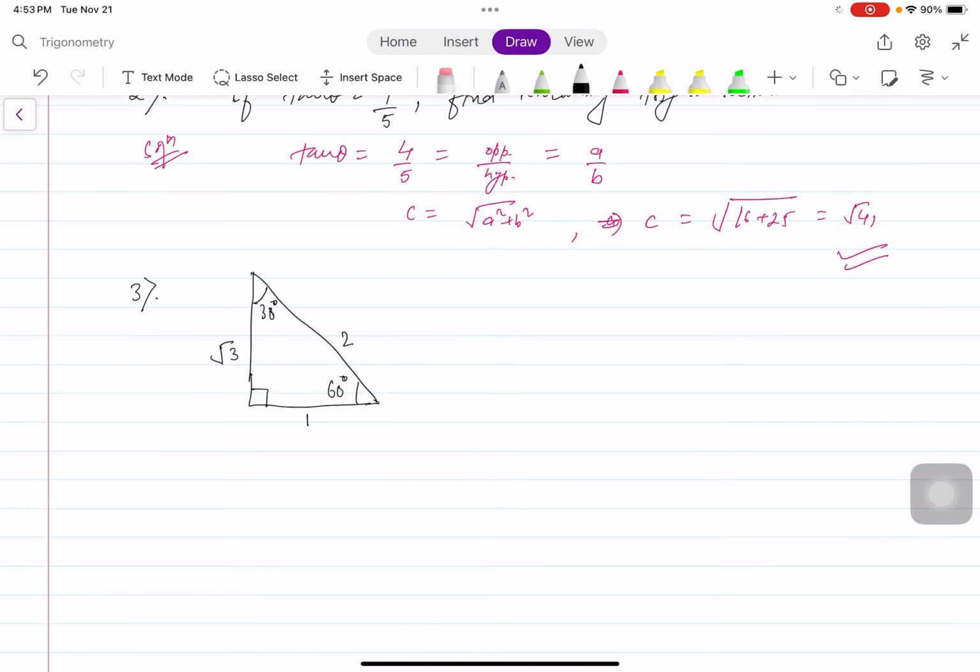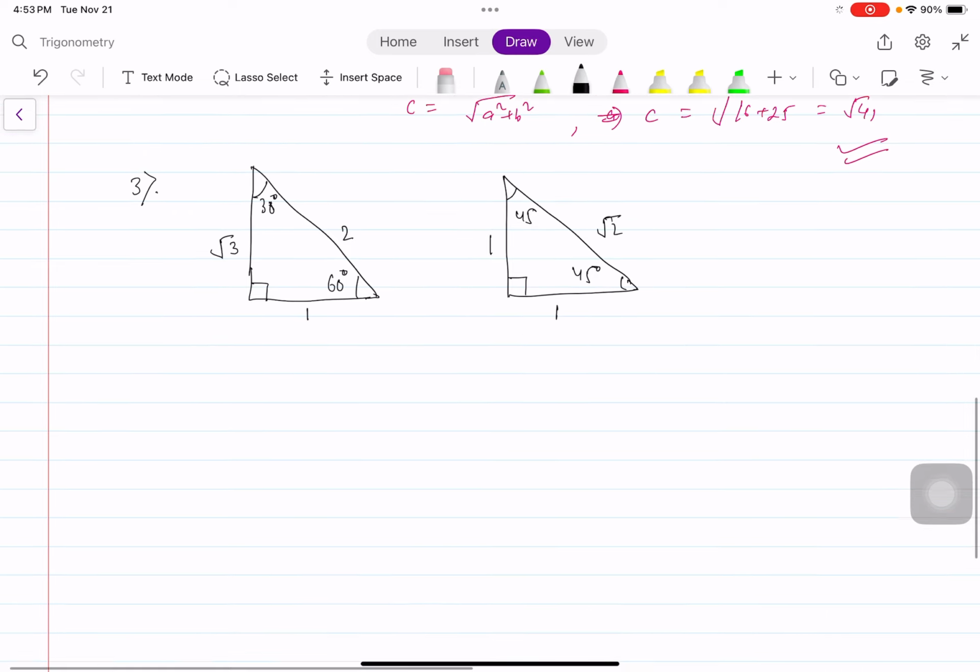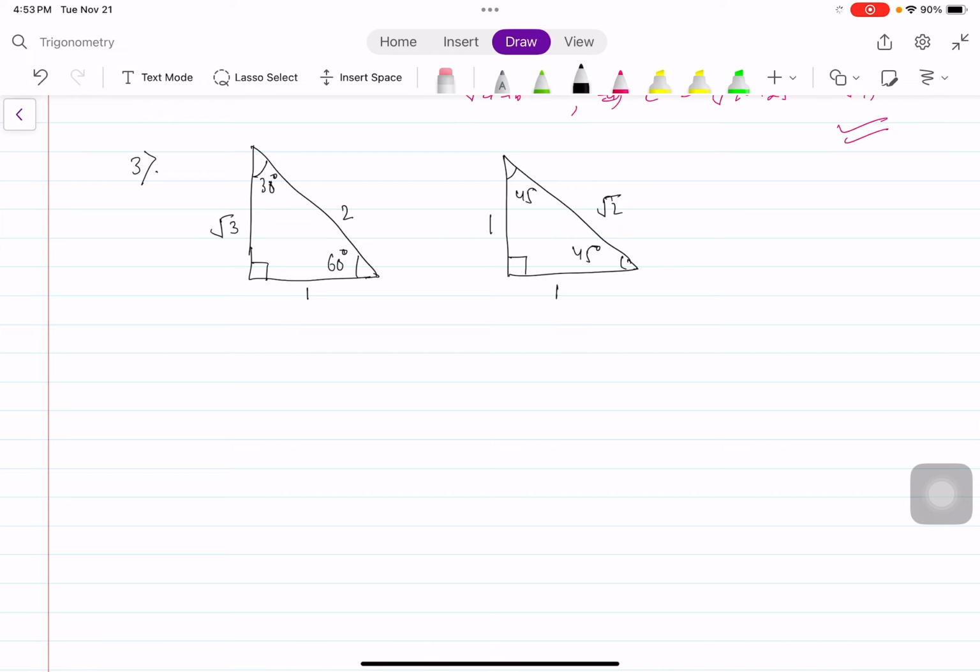And we have another triangle, these are 45 and 45, and this is 90. These two sides are 1, and this is square root 2. From these two triangles, we can find the values of all the trigonometric ratios.